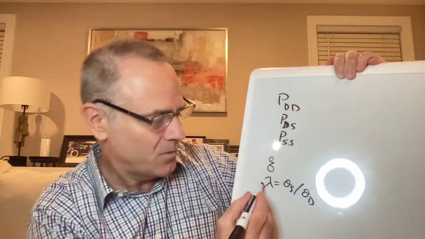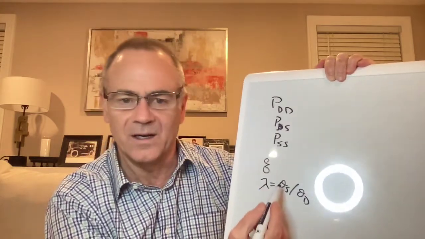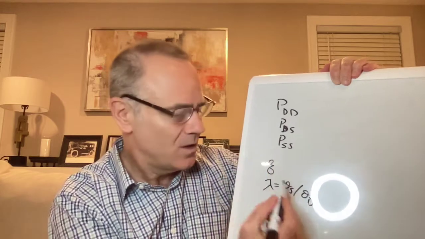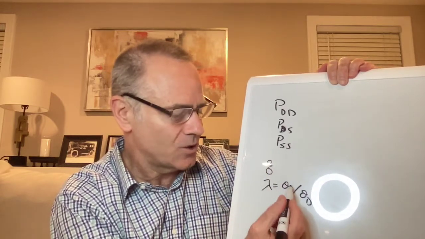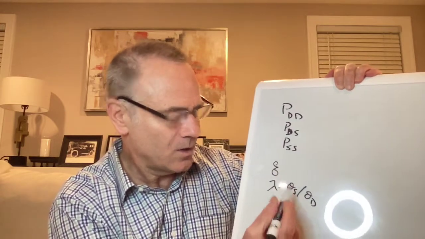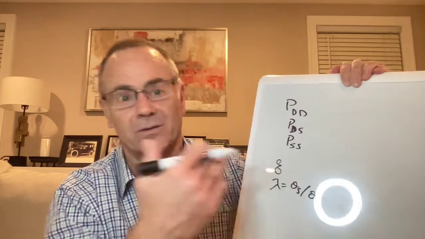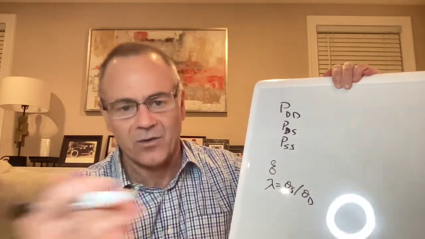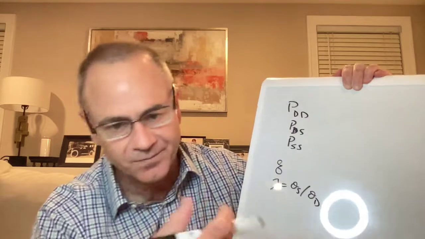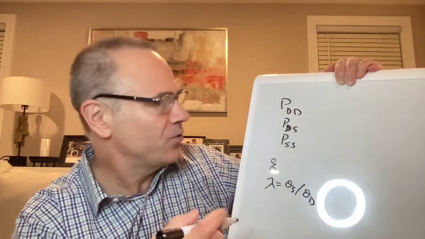So for instance, what if you made lambda equal to 1, which would say that if you're drunk, you're no more likely to crash than if you're sober. Okay.